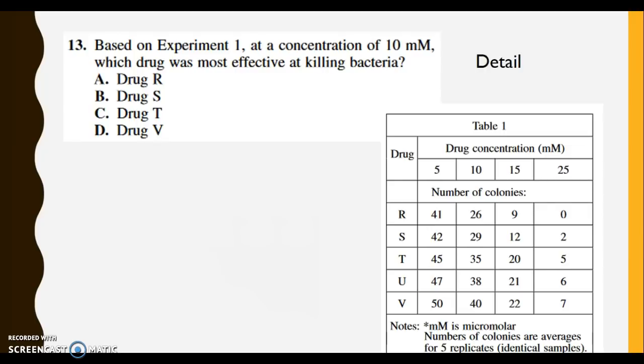So in order for you to be the most effective, you need to have the fewest number of colonies. So if I go to my 10 millimolar section, I'm looking down for the fewest number of colonies after 7 days. And I see here that drug R only has 26 colonies, making it the most effective of the drugs.